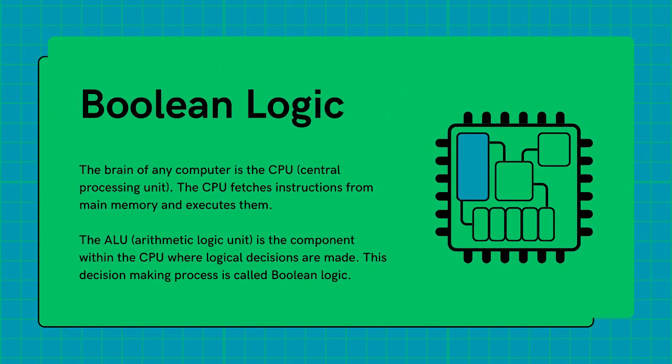The first one on the list is Boolean logic. The brain of any computer is in the CPU, the central processing unit. The CPU fetches information from the main memory and executes it. And the ALU, that is the arithmetic logic unit, is the component within the CPU where logic decisions are made.